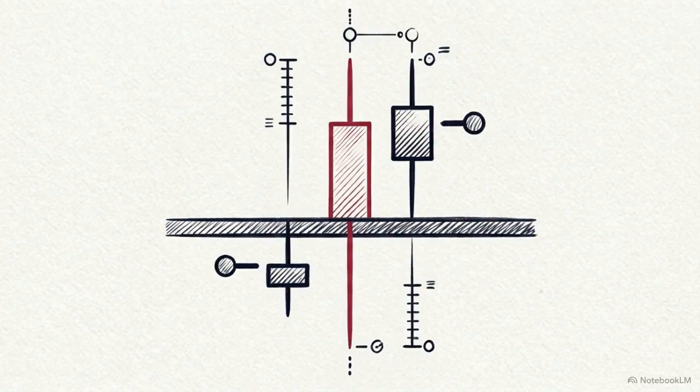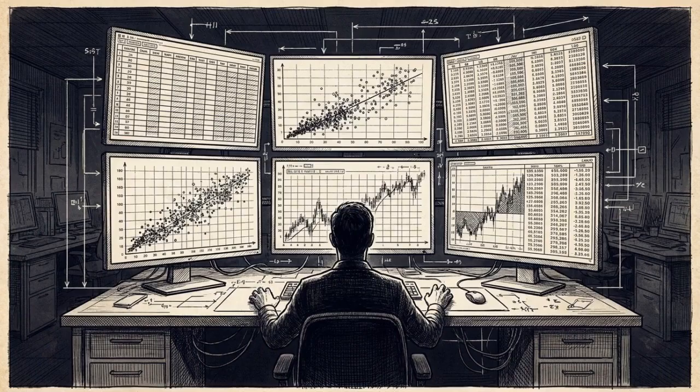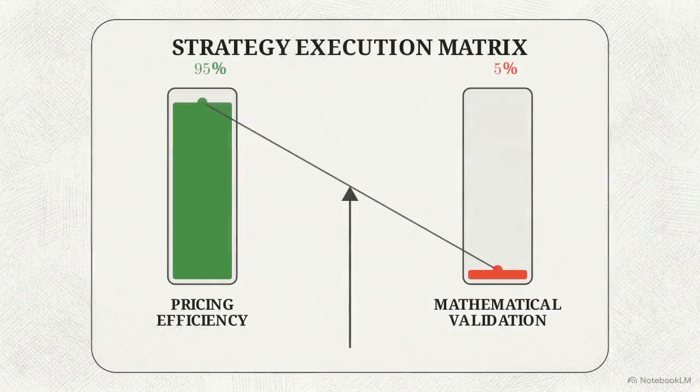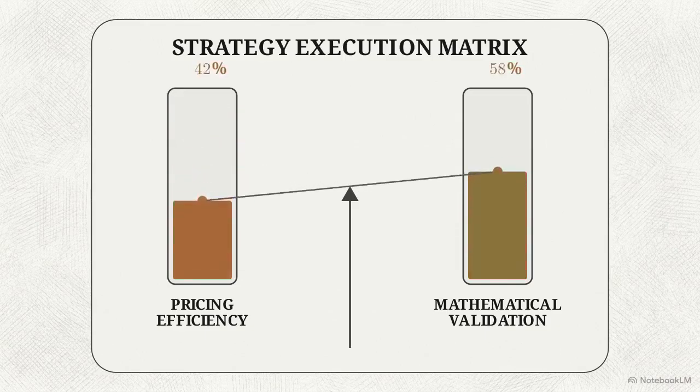This table is the strategy execution matrix. It aligns specific timing triggers and risk profiles of the aggressive and conservative models side by side. The operational choice always comes down to the tactical trade-off. You allocate risk to purchase either pricing efficiency or mathematical validation. When volatility is redlining and the data feed is erratic, the conservative bar close entry is the correct tool.